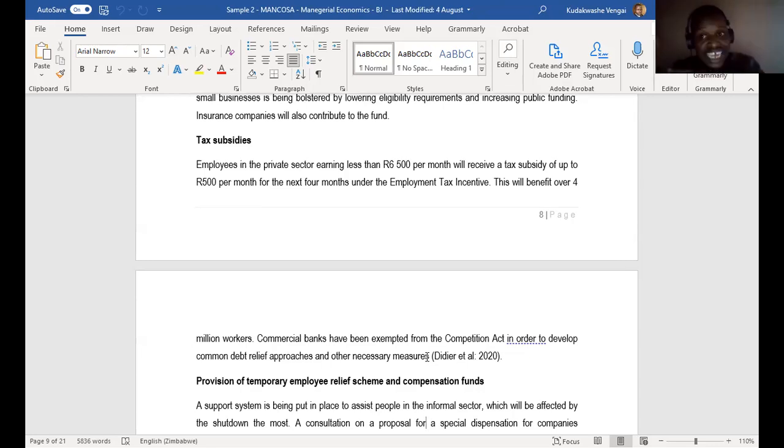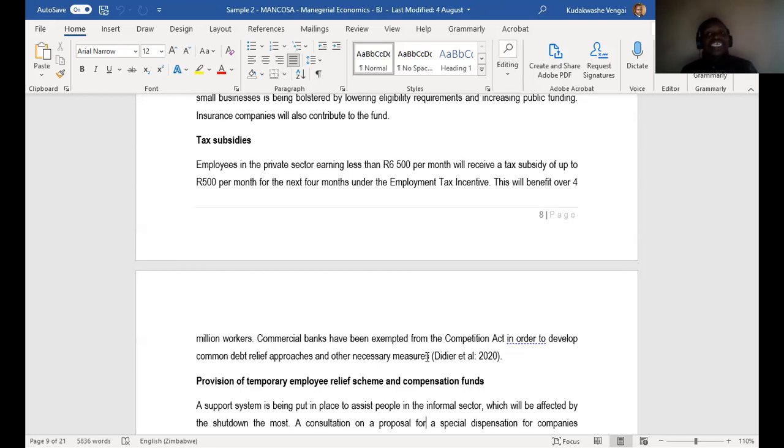Now on the tax side, the subsidies that the government employed, where they were saying that you can either defer paying your taxes for 6 months or so, or if you are employing people, I think it was per employee, there was a tax subsidy where the government said, instead of you paying us this specific amount of tax, we'll pay the 500 rand for you as the government for that tax.